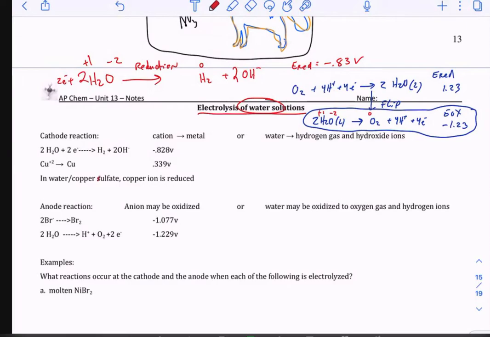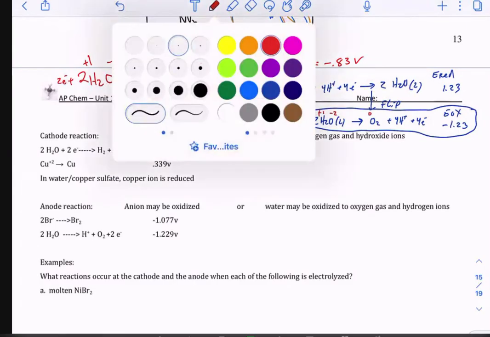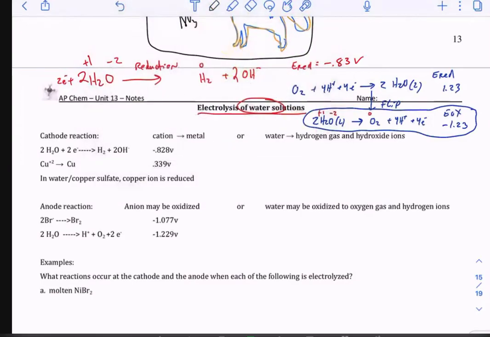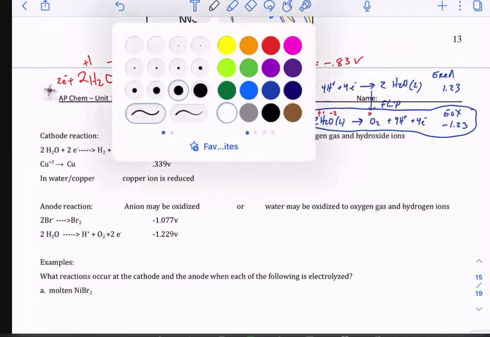I need to edit this. This was actually... there's a way to erase the black text on here, right? If I use the white color, is that right? Just learned this.